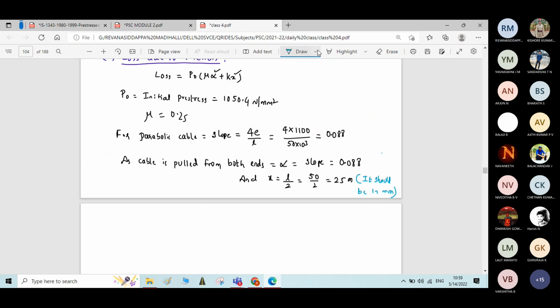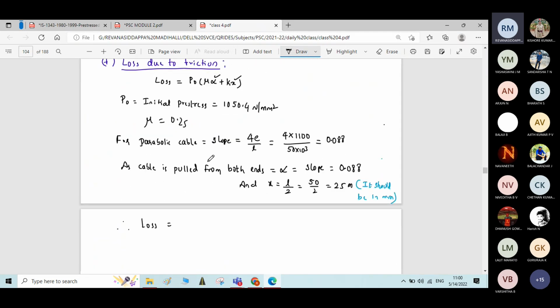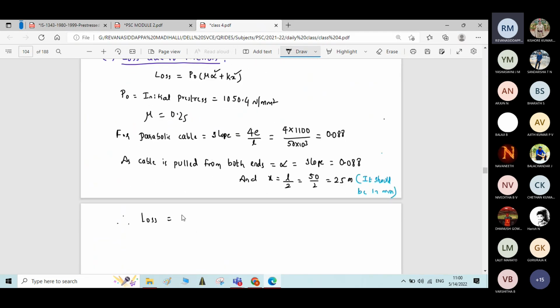Now all the values are known. Just to calculate the loss. Therefore, loss of pre-stress due to friction is given by P naught, 1050.4, into 0.25, which is the mu value, alpha value is 0.088 into 25, plus kx.